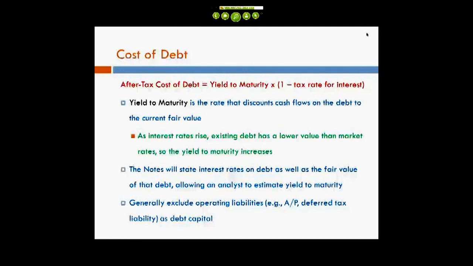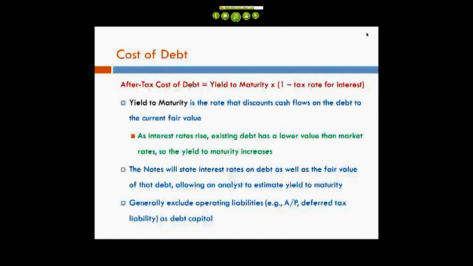Yield to maturity is the rate that discounts the cash flows from your debt. Let's say you have a bond that has a coupon. These are terms you may or may not remember. It's less critical to this class, frankly, than the equity, but I want to go through it anyway. So you have a bond with a coupon. That coupon may be discounted because the interest rates have changed over time. Let's say interest rates are going up and your bond is paying you 5%, but they should be paying you 8% in today's market.